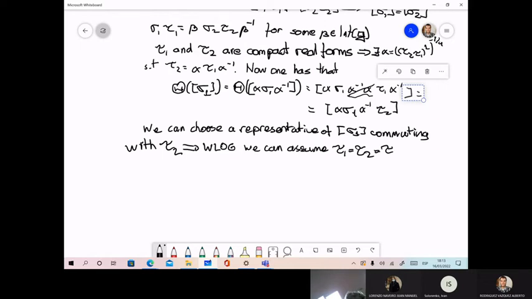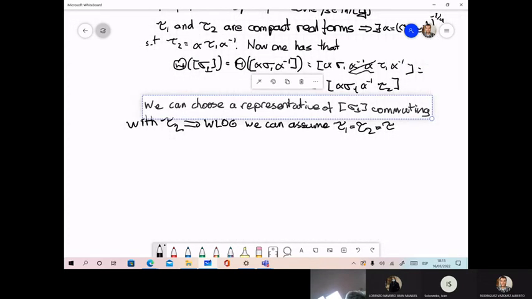Okay, so now we suppose that we have a tau which commutes with both sigma 1 and sigma 2. But now we know the following. Sorry, let me check my notes for a second.